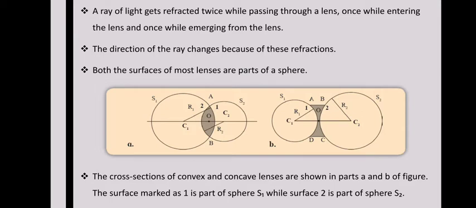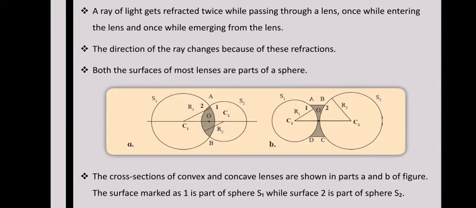In the convex lens, when you draw circles, both circles can be drawn, and the surface of the lens is part of a circle. Can you see? See, this is part of a circle. Again, here also this is a part of a circle, right? Then again the same thing happens here also. This is a part of a circle and this is also part of a circle. So both the surfaces of most lenses are parts of a sphere. Followed?